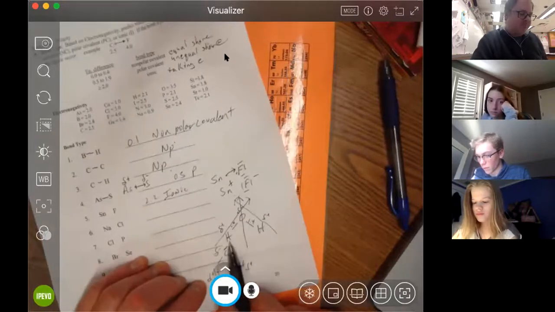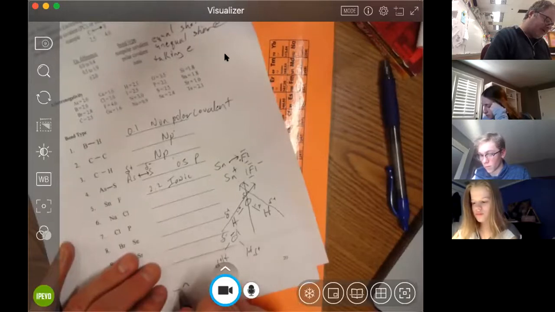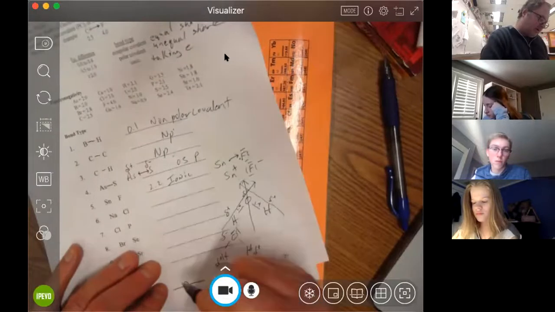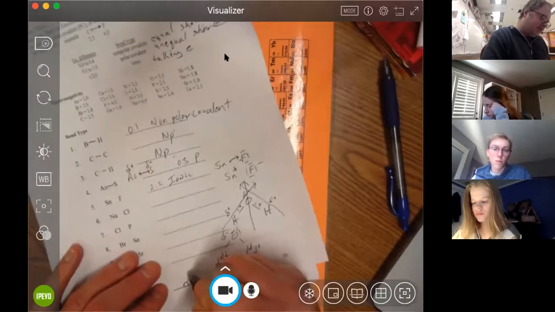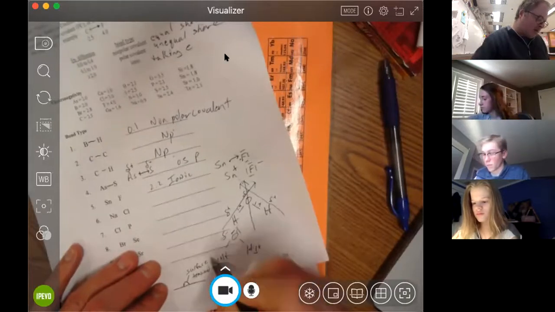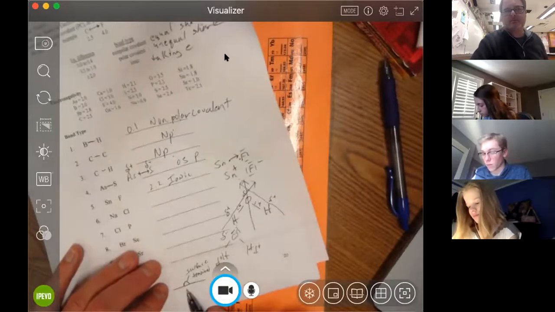We call that hydrogen bonding. That polarity allows water molecules to hydrogen bond with each other, and that's what causes the surface tension and why water beads up or forms droplets.